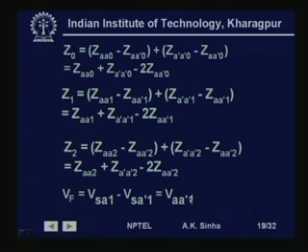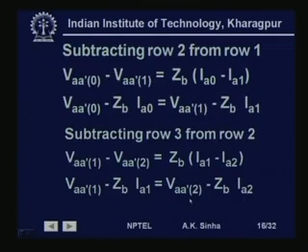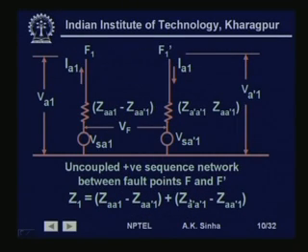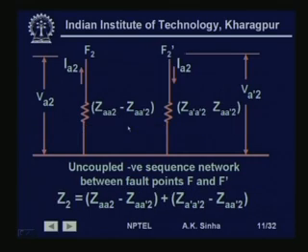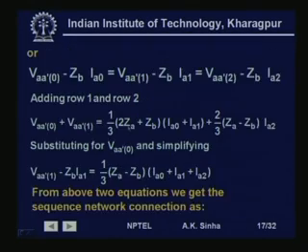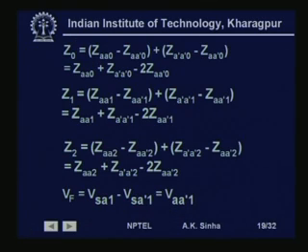This is what we had seen in this circuit earlier. V F is equal to V S A 1 minus V S A dash 1. So, V F is this, and we have Z 1, Z 2, Z 0 that we had calculated earlier.